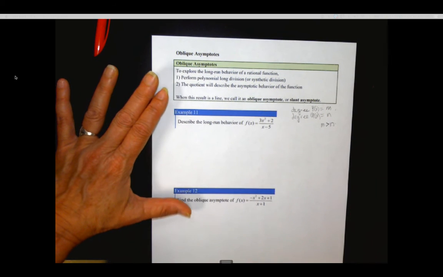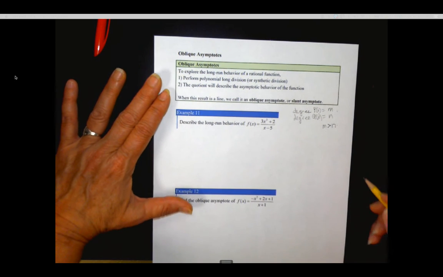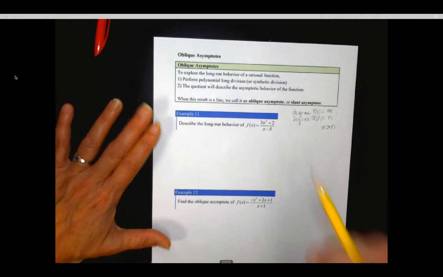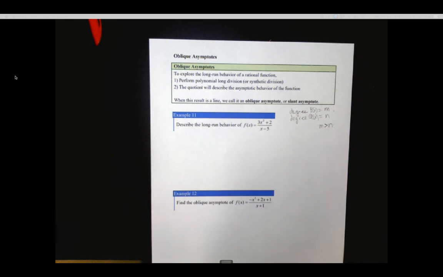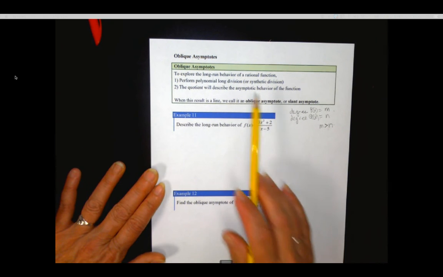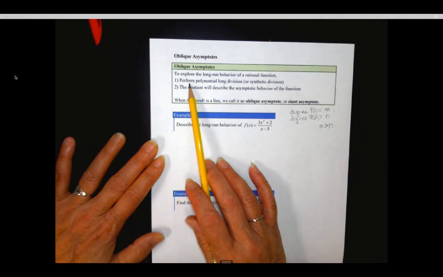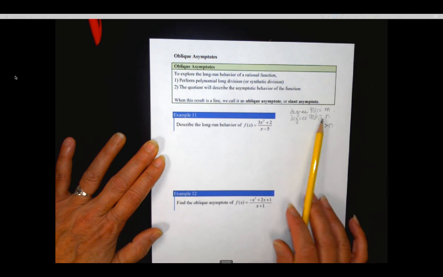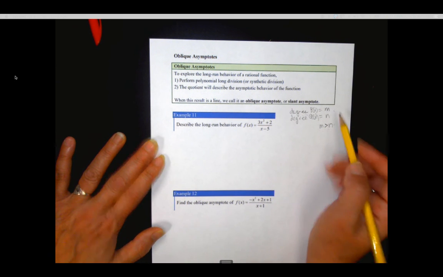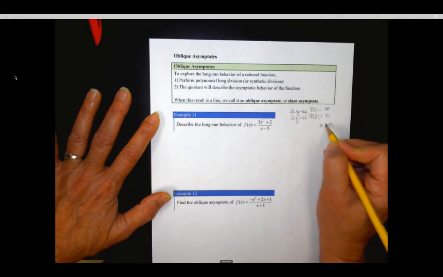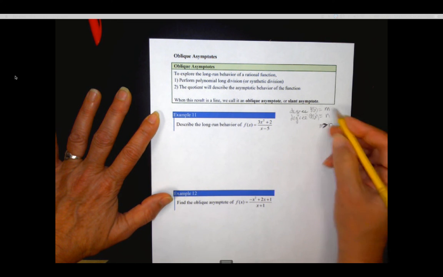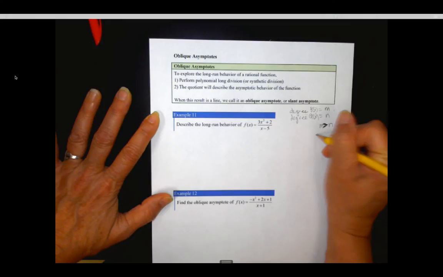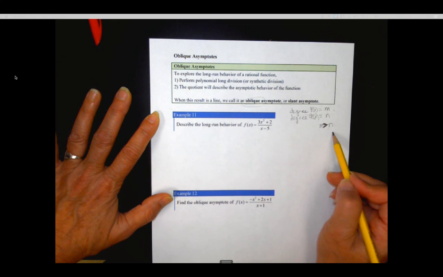You want to refer back to the notes from last week when we were talking about the horizontal asymptotes. Okay, so we want to look at the slant asymptotes. When the degree of the numerator is greater than the denominator, there could be an oblique asymptote.